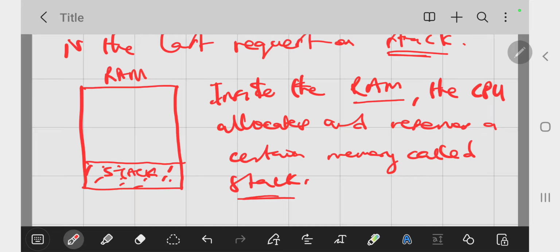Yeah, that's what stack is. So as the CPU is running, it's going to allocate a certain region of memory called stack.